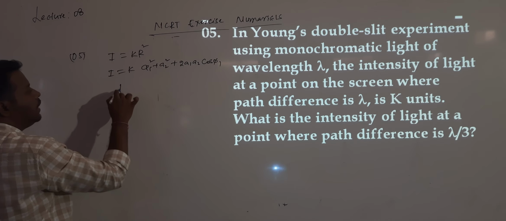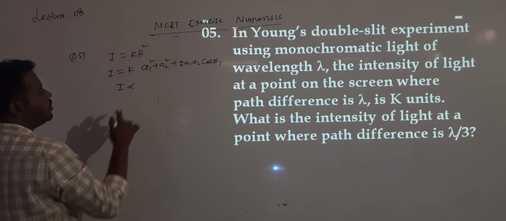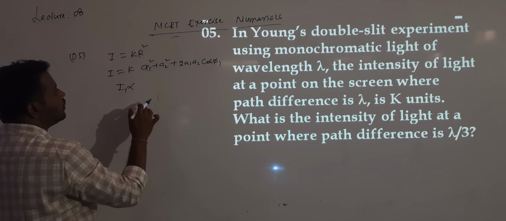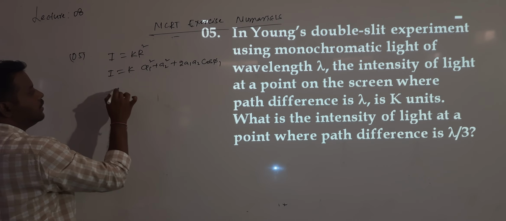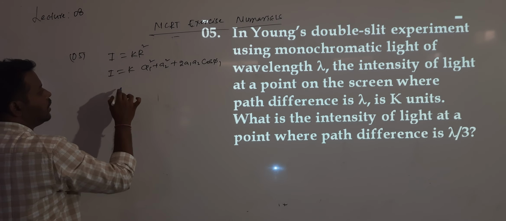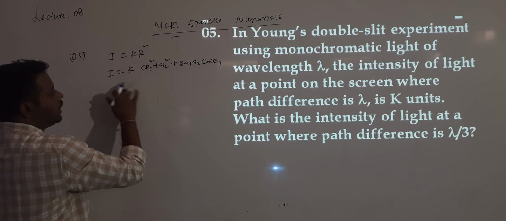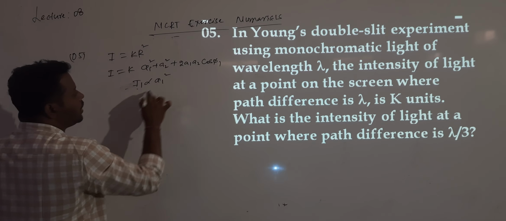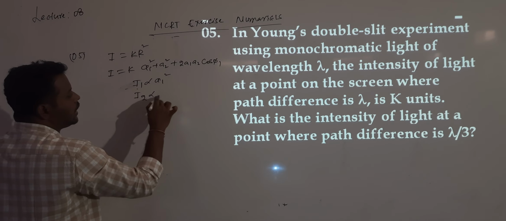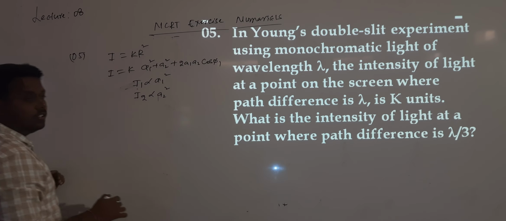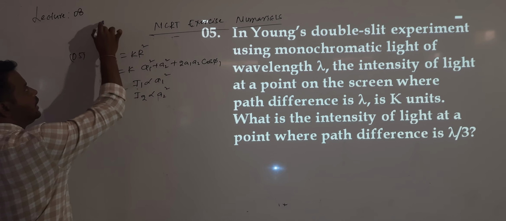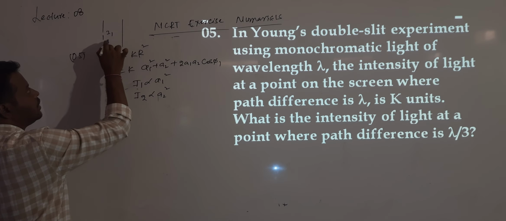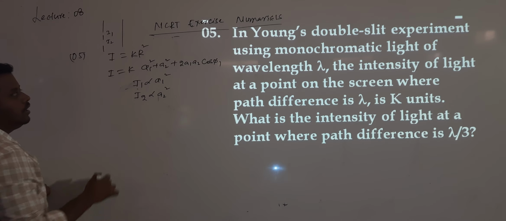We know that intensity is directly proportional to amplitude square, so I1 is directly proportional to a1 square and I2 is directly proportional to a2 square. I1 is the intensity of light coming from the first source and I2 is the intensity of light coming from the second source. Okay? Then what can I write?